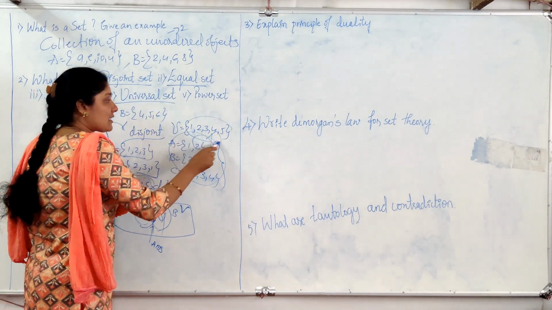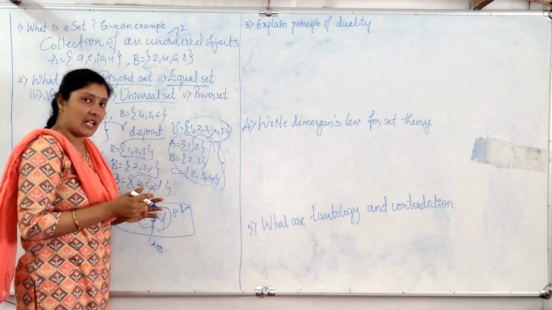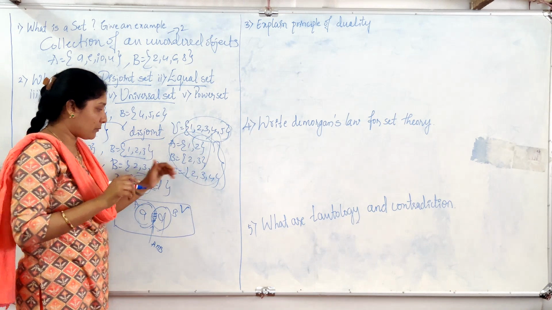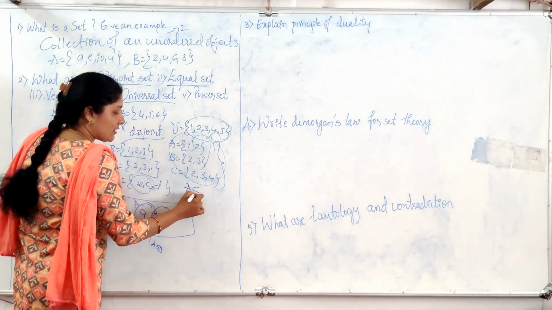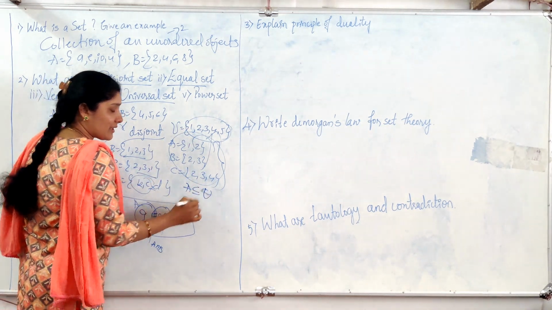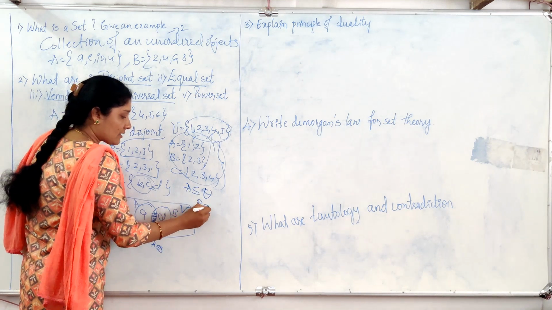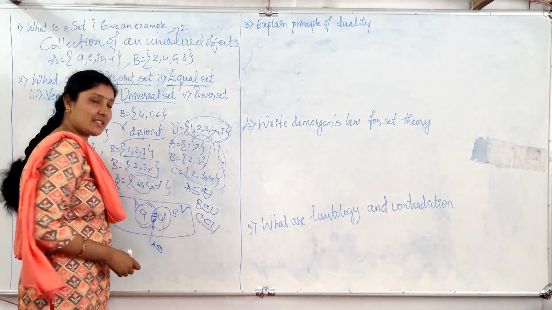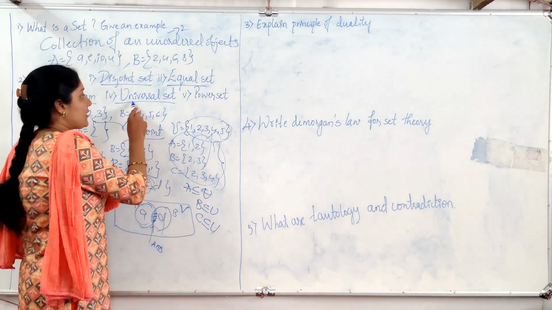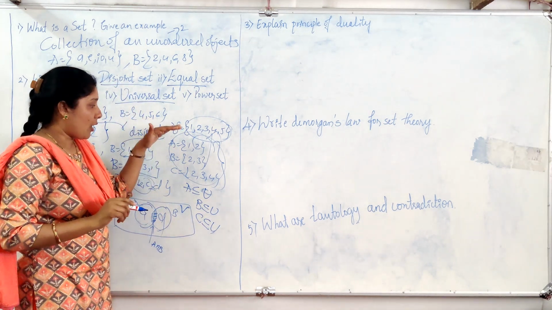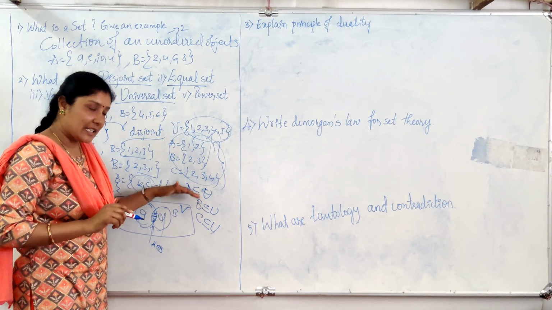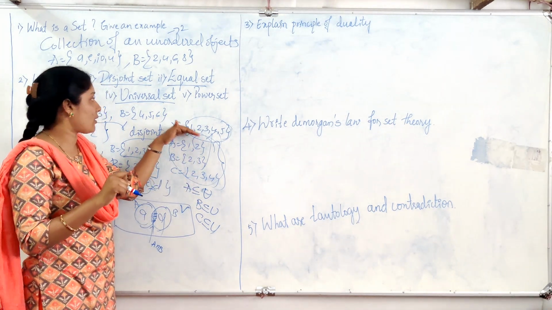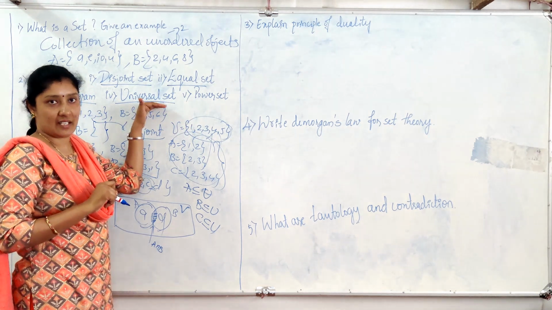Means the universal set contains the objects which can be present in all the remaining sets. That means A is a subset of the universal set, B is a subset of the universal set, C is a subset of the universal set. So what is the definition of a universal set? All the sets are subsets of a fixed set, and that fixed set is called a universal set.